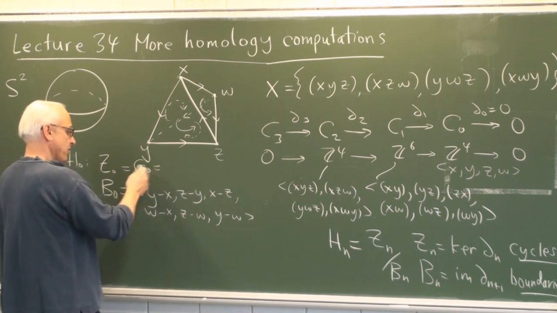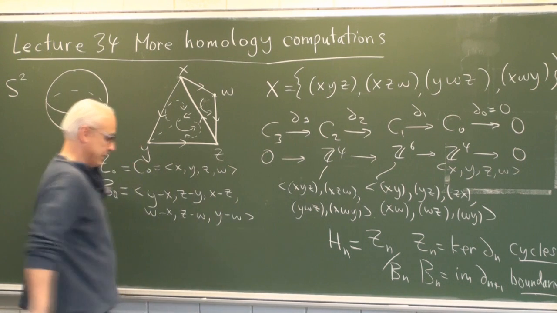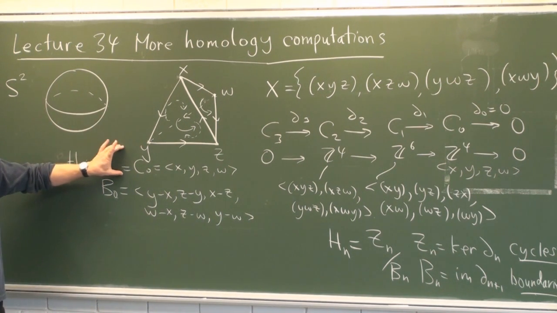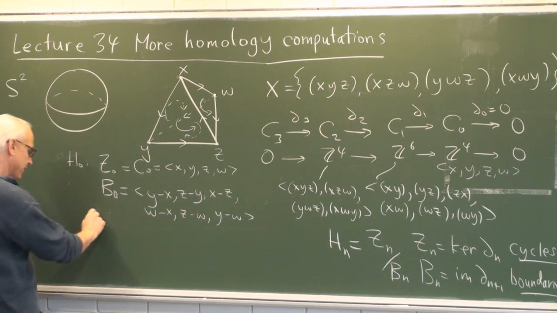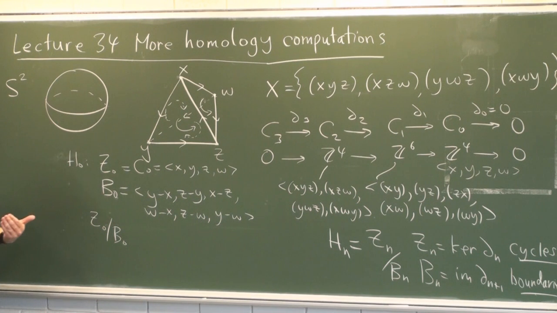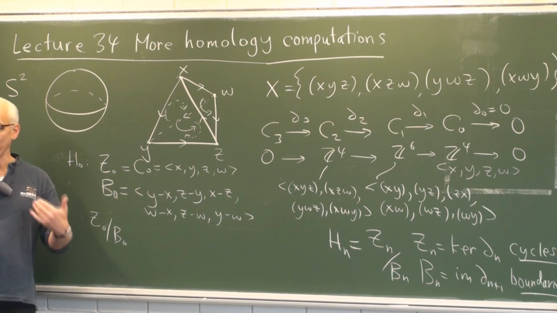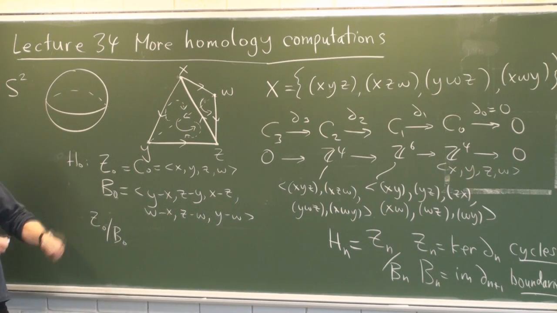So we started with C0, which was just the span of x, y, z, and w. We have this group modded out by these relations. And the effect of that, as we've seen last time, is basically to identify all the vertices. When we mod out by the boundaries, we're setting each vertex equal to any other vertex.